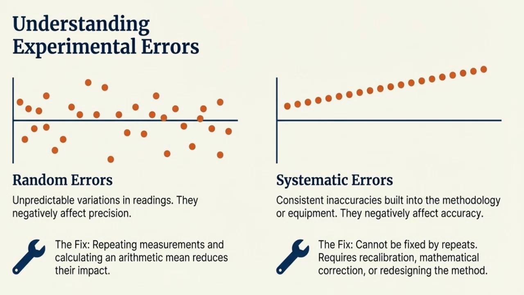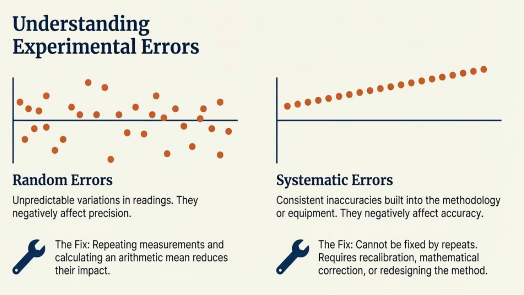Now, let's take a closer look at the two main types of experimental errors. Random errors cause unpredictable fluctuations in our measurements, which makes our results less precise. These happen due to small, uncontrollable variations in the experimental setup, but they can be minimized by taking multiple measurements and finding the average.